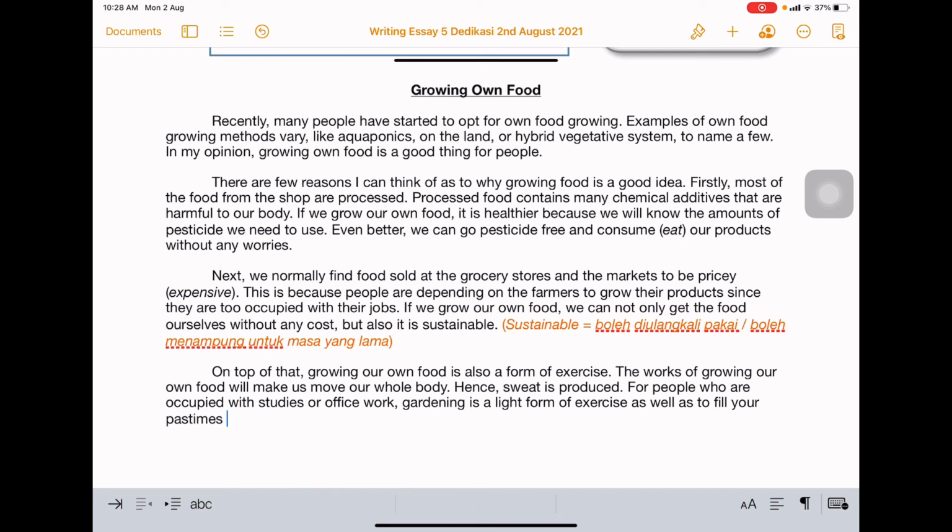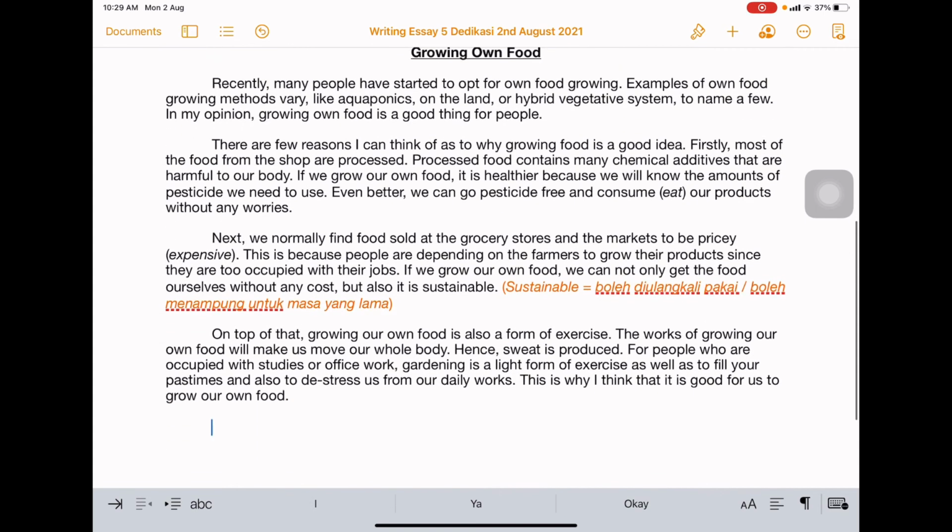Okay, isi masa lapang, and also to de-stress, jangan lupa, untuk lapangkan fikiran, to de-stress us from our daily work. This is why I think that it is good for us to grow our own food.